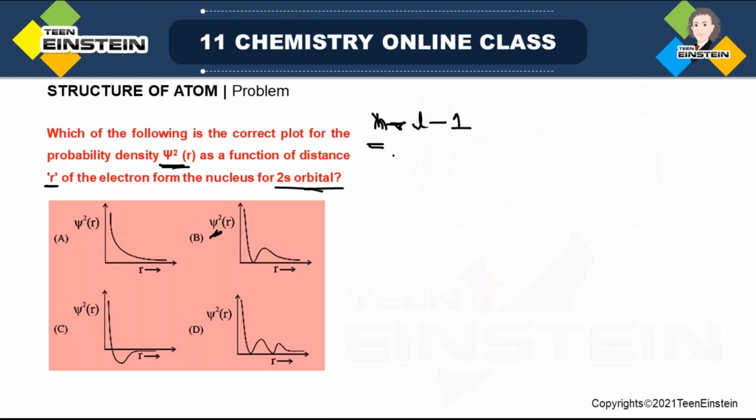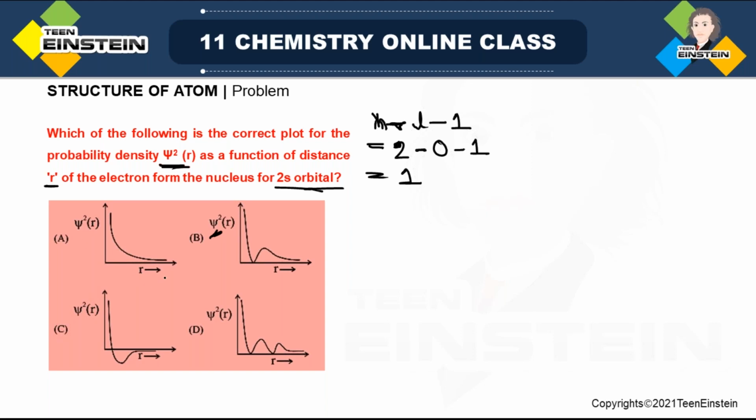So for 2s you have to put n as 2, and for L it is 0, that means it is 1, so only one radial node will be there. Now this much information is enough to choose the correct option, because if you look at the first one, basically chi-square graphs never have this type of nature.